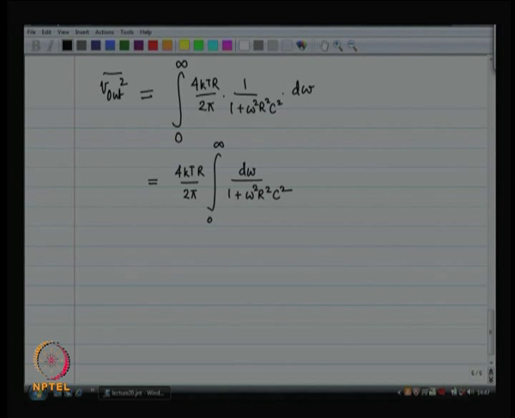If you look up your table of integrals, what you are going to find is that the integral dx by 1 plus x squared is equal to tan inverse of x.